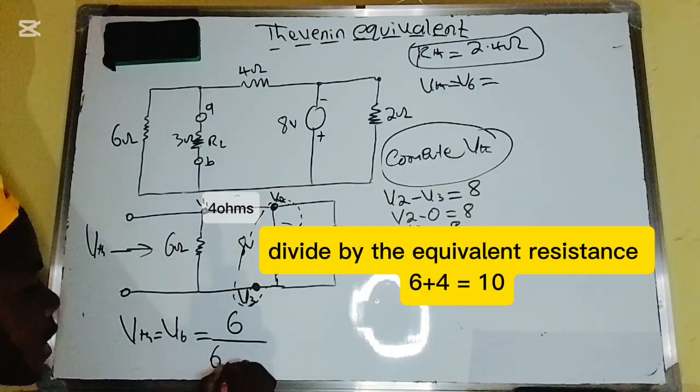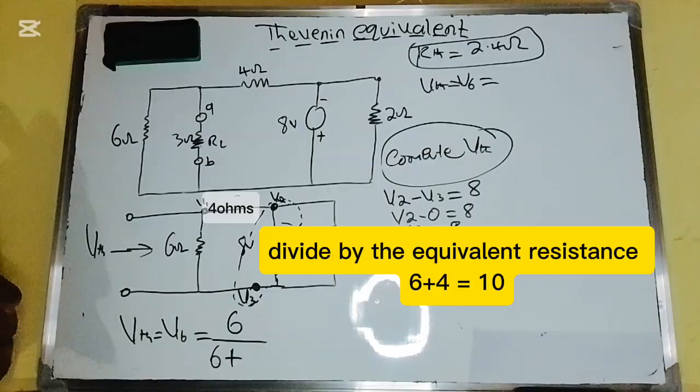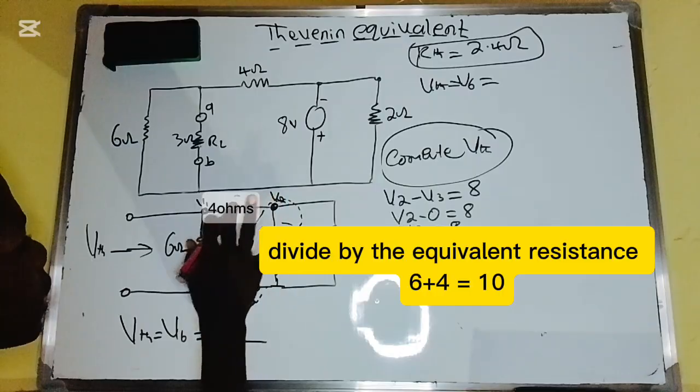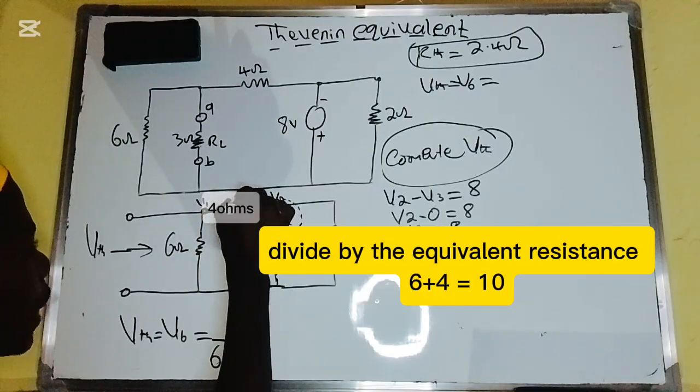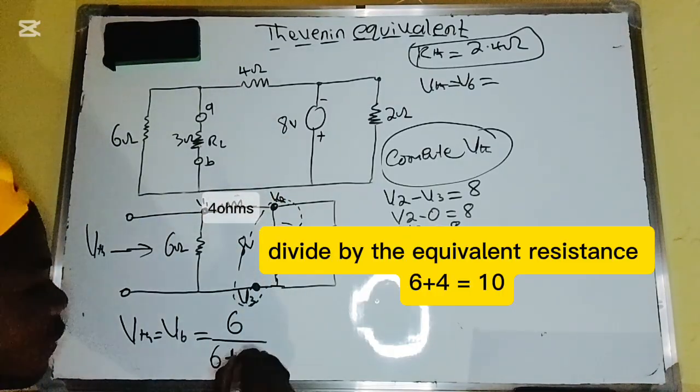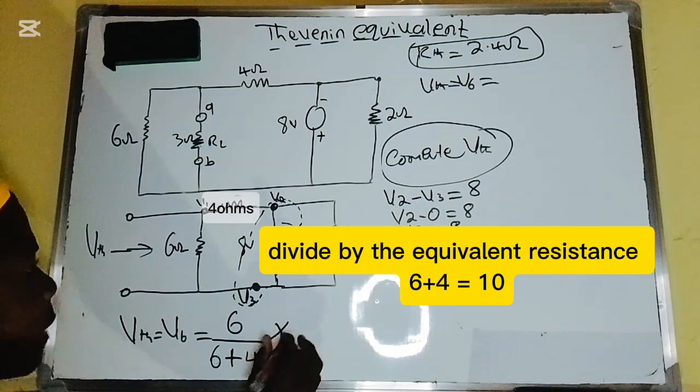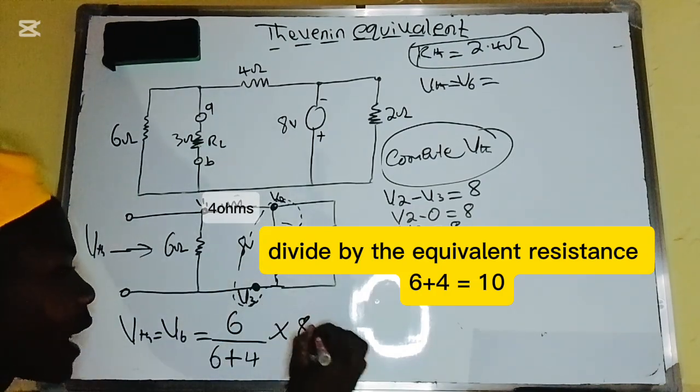So I have to divide this. I have to say 6 plus how many ohm resistance? Okay, sorry, I have 6 ohm resistance here. Sorry for that. So therefore I have to say plus 6 and then multiply by the voltage, which is 8.